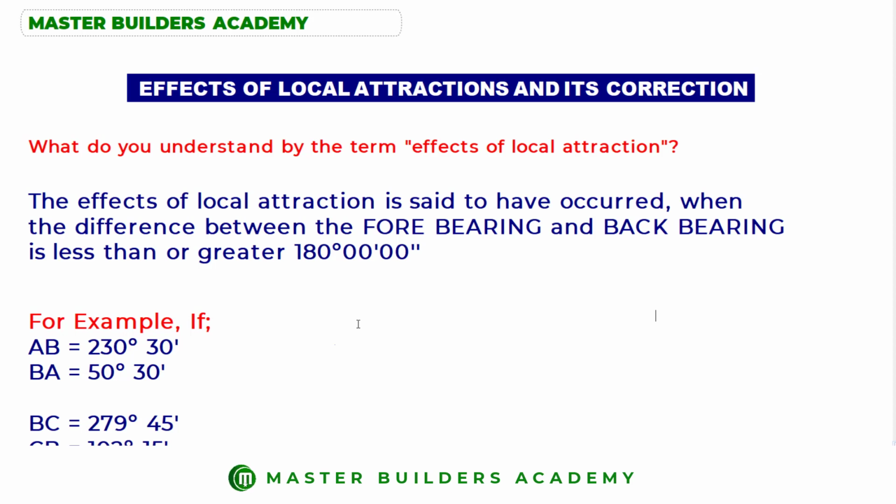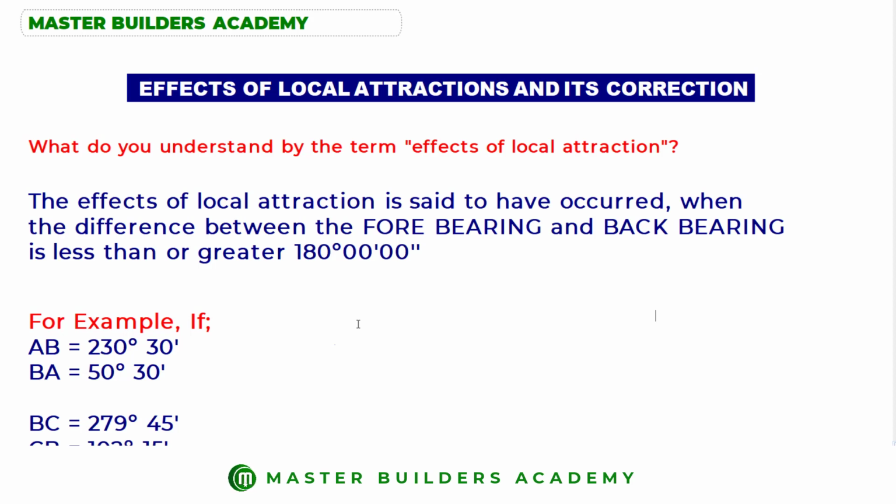Let me explain this better for your understanding. Now, on the norms, we understand that when you subtract back bearing from the forebearing, or you subtract the forebearing from the back bearing, the expected value is supposed to be what? 180 degrees, 0 minutes, and 0 seconds.